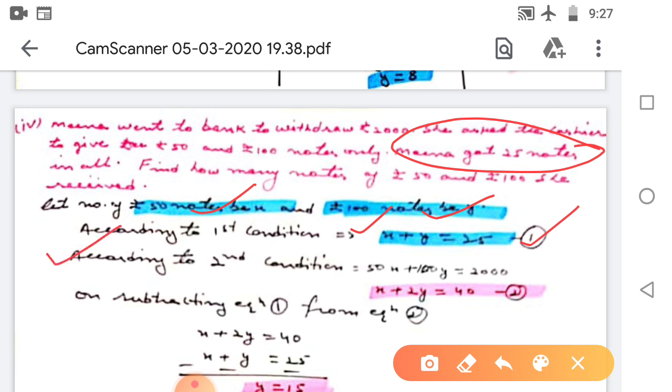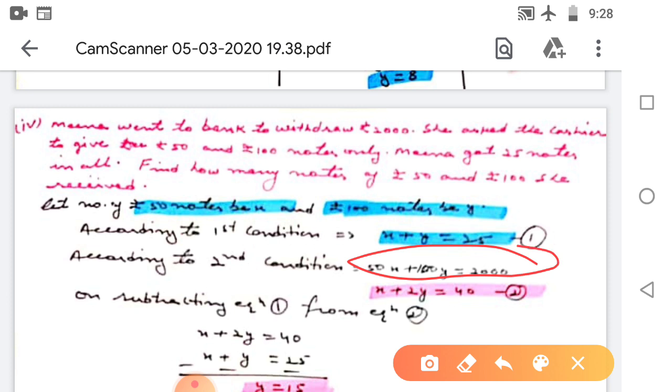According to the second condition, 50x plus 100y is equal to 2000 rupees, because the number of 50 rupees notes is x, so the amount is 50x, and the number of 100 rupees notes is y, so the amount is 100y. Taking 50 common, finally x plus 2y is equal to 40.